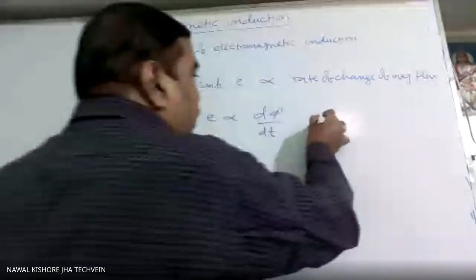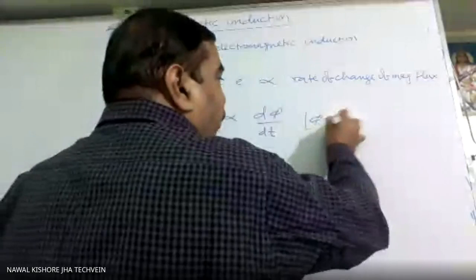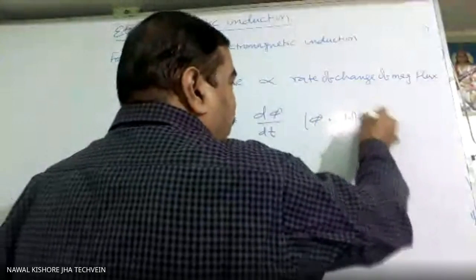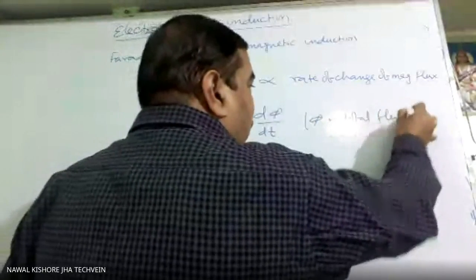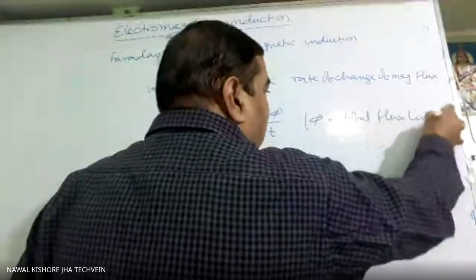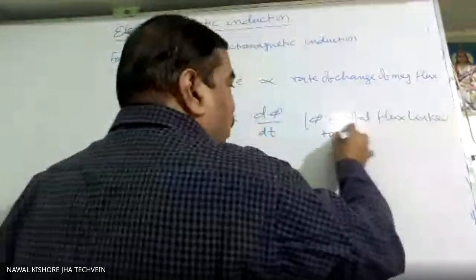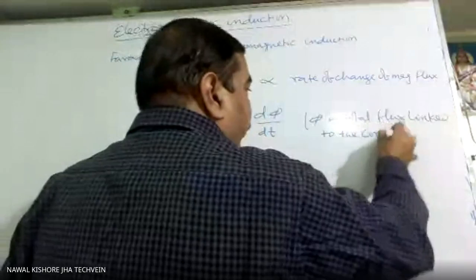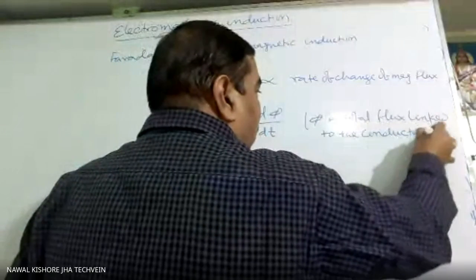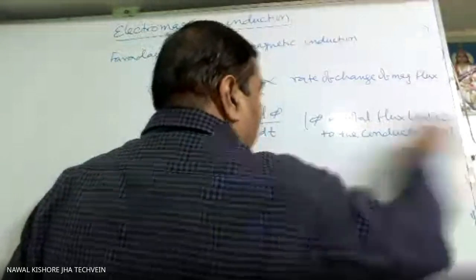So Φ, what is this Φ? Φ is the total flux linked to the conductor or coil.